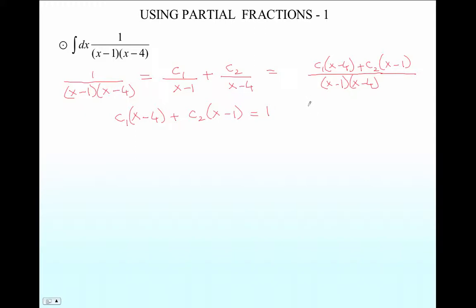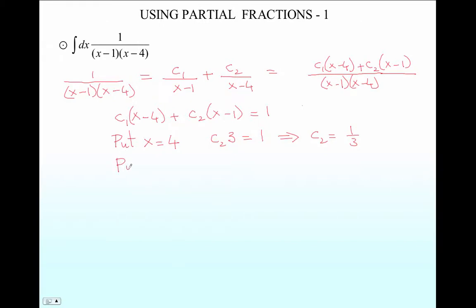Now the easiest way to find C1 and C2 is, let's first put x equal to, let's say, 4. In that case, this x minus 4 will be 0, and I'll have C2 into 4 minus 1, which is 3, equal to 1, and that gives me C2 equal to 1 by 3.